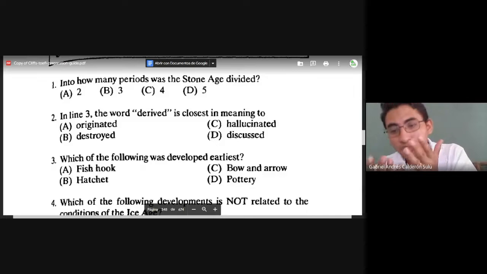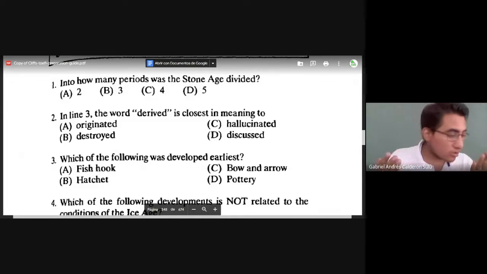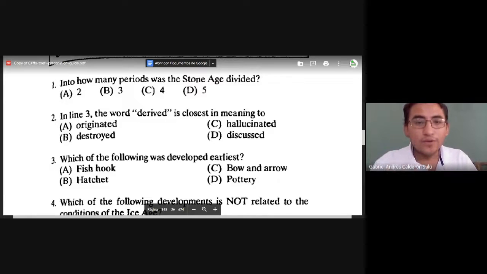You don't go to the question and then to the text. No, you memorize the options. And now in the text, we are going to scan until we see one of these four. When we see one of these four, that was the earliest one.